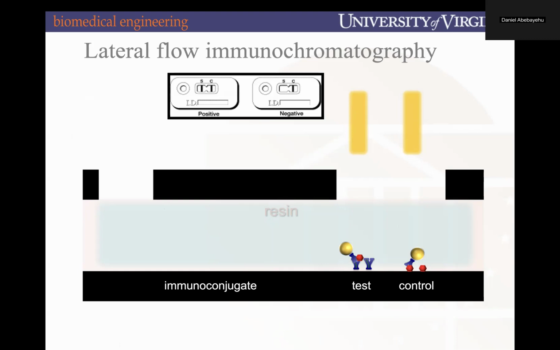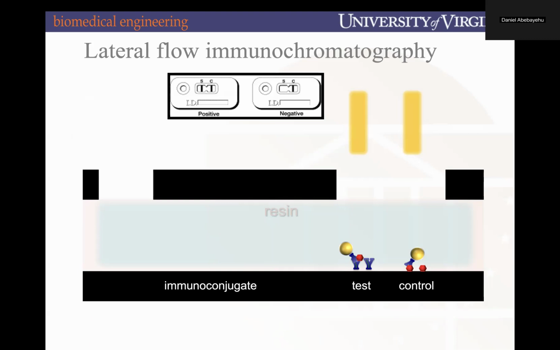And so the bands that you typically see are a concentration of either a gold particle or some other particle that is within the visible spectrum. The accumulation of antibody, accumulation of signal, creates the band that you see that is the positive strip.